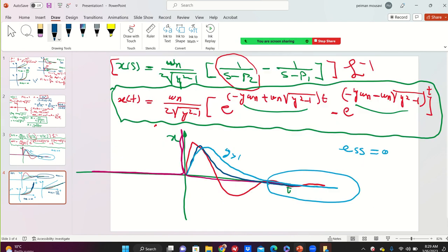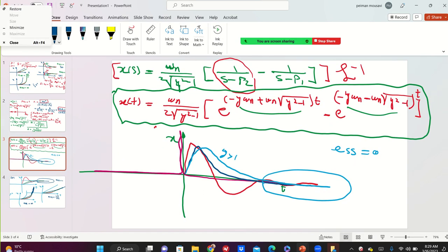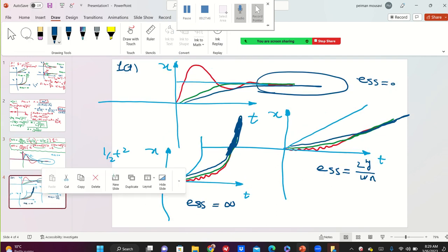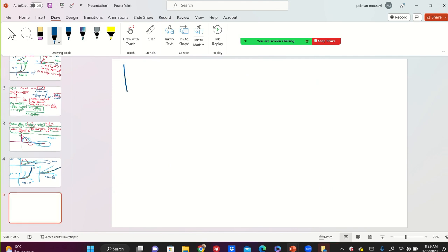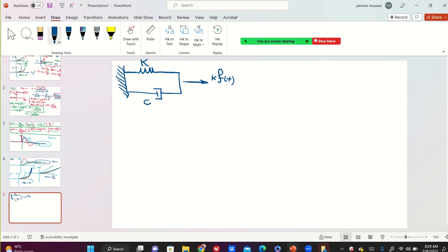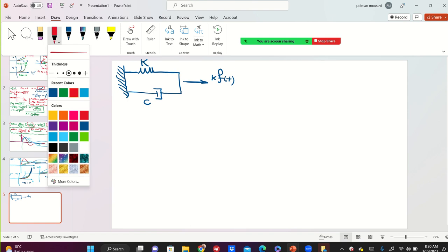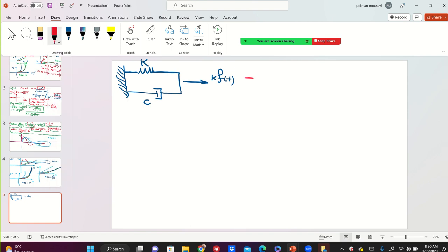So, remember that what I have done was for a second order system, for spring, damper, and force as a second order system. Now let me model another second order system that equals exactly this.